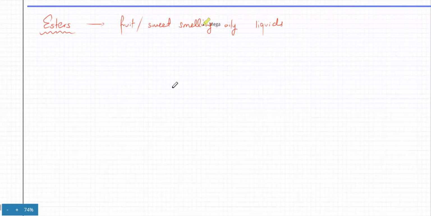A lot of times they're used in perfumes. ठीक है, actually, most perfumes are a type of ester, and food flavorings. So, your artificial food flavors are usually esters.